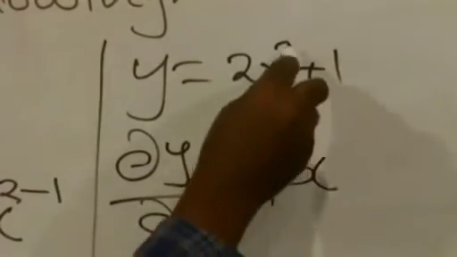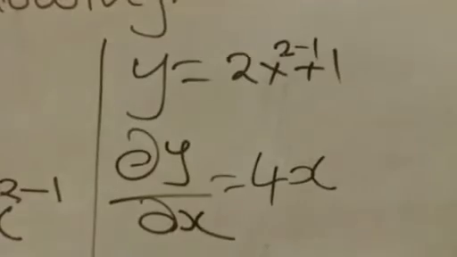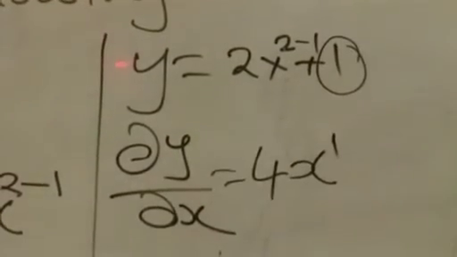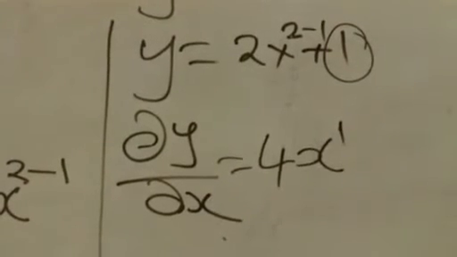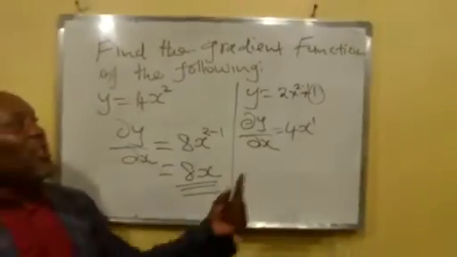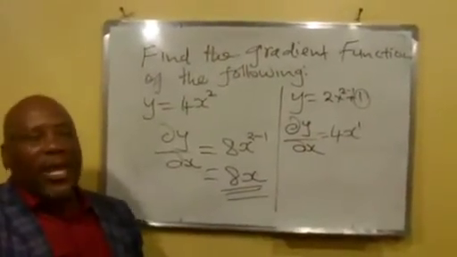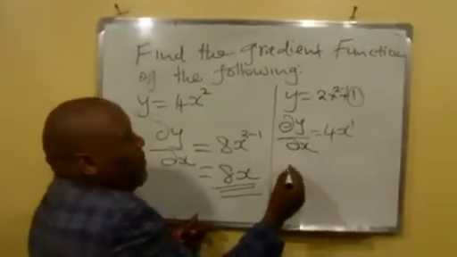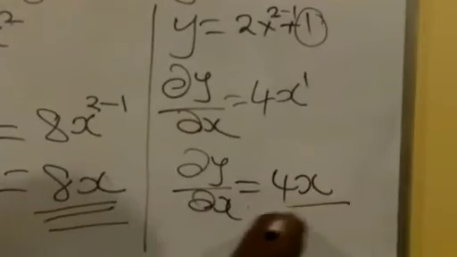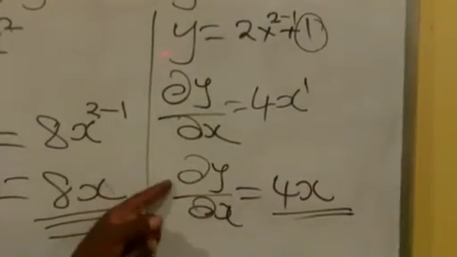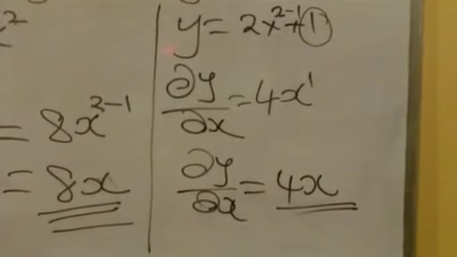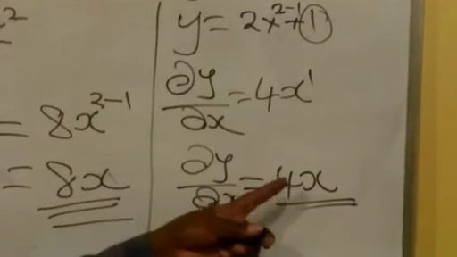But don't forget to subtract 1 from that superscript, so that we remain with 1 there. And we have a 1 here, which is just a constant. It does not have any coefficient on it. So constants in differentiation do not have any effect, they are dropped. We do away with it, so that we remain with dy dx equals 4x. So the gradient function for this equation, which is y equals 2x squared plus 1, is going to be 4x.